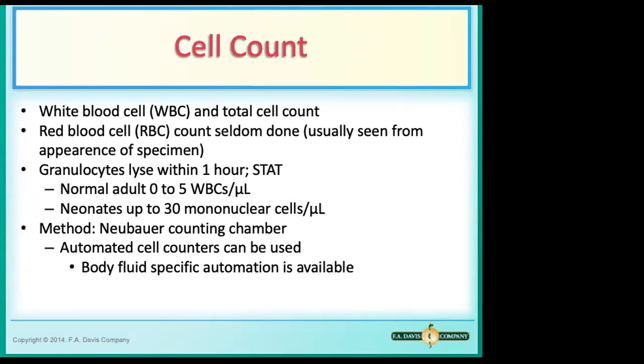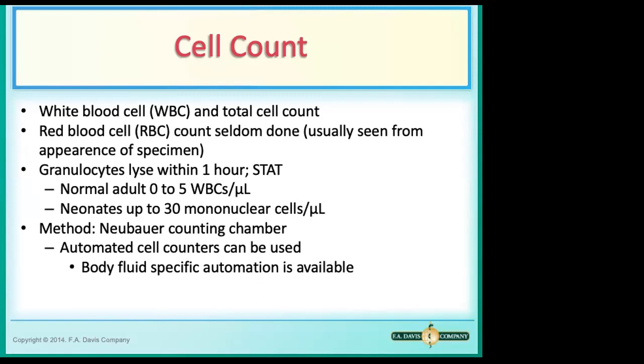Okay, the next thing that we're going to do on the CSF samples is a cell count. The cell count is a test that we perform routinely on CSF specimens. We typically count the white blood cells and the total cell count as well.